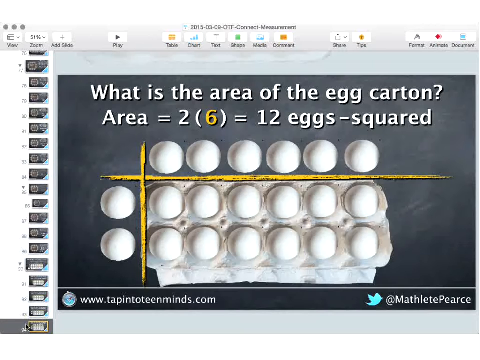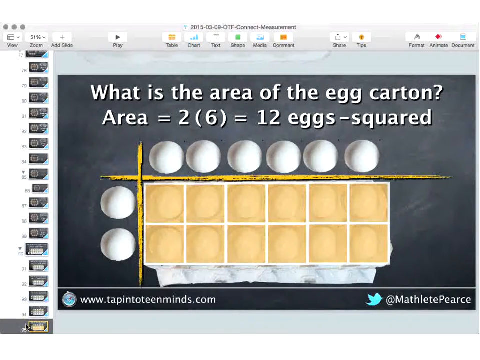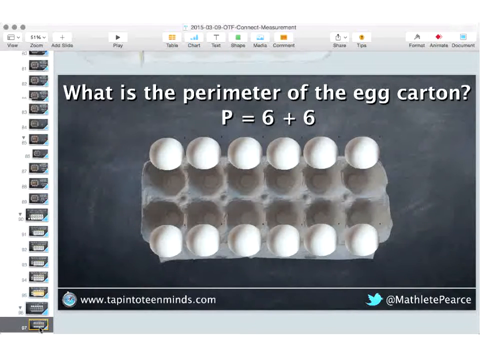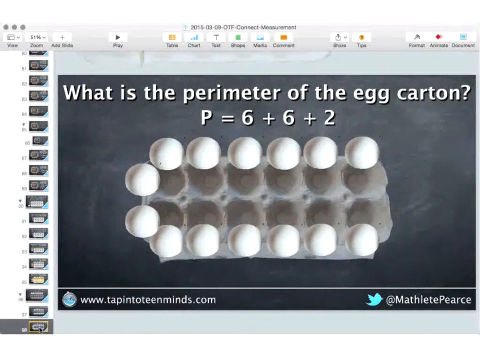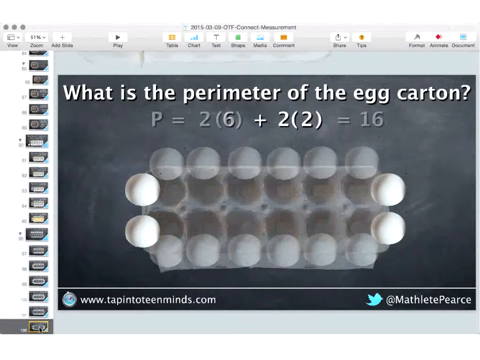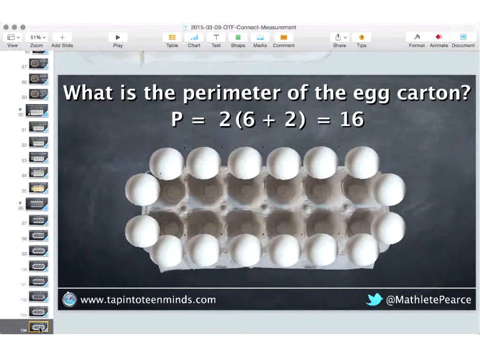So here we are with our egg carton. Just some ways for students to get that better understanding. Again, we can see those eggs squared. Our perimeter, same idea, really helping them see the formula building. Seeing that our 2 sides of 6 and our 2 sides of 2 is really the same thing as 2 6s and 2 2s, or 2 of the 6 plus 2 in brackets.